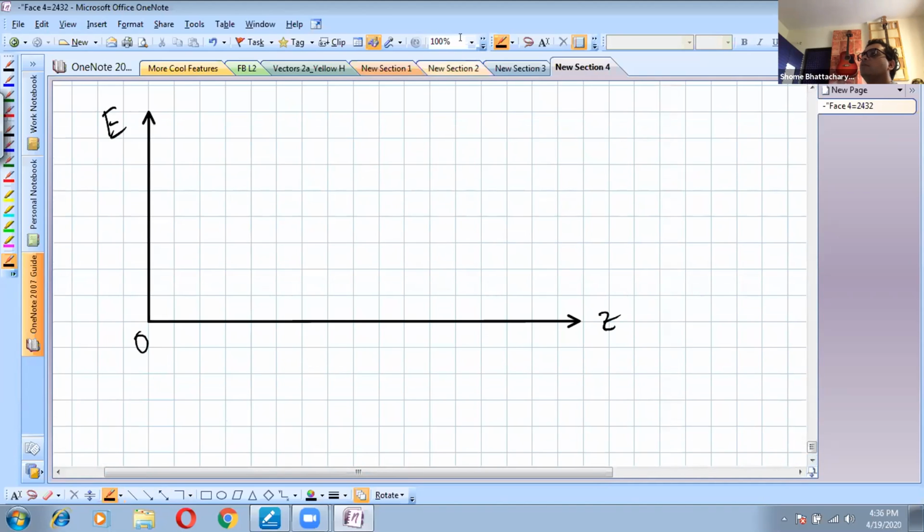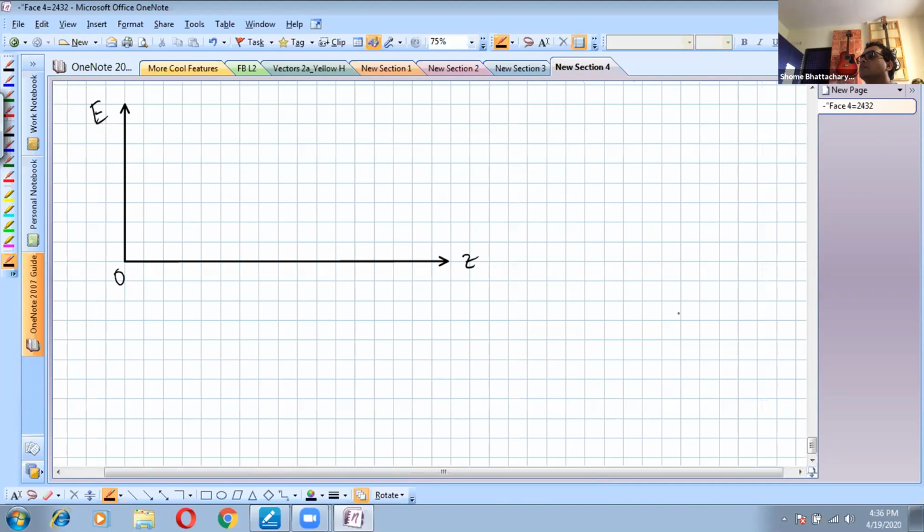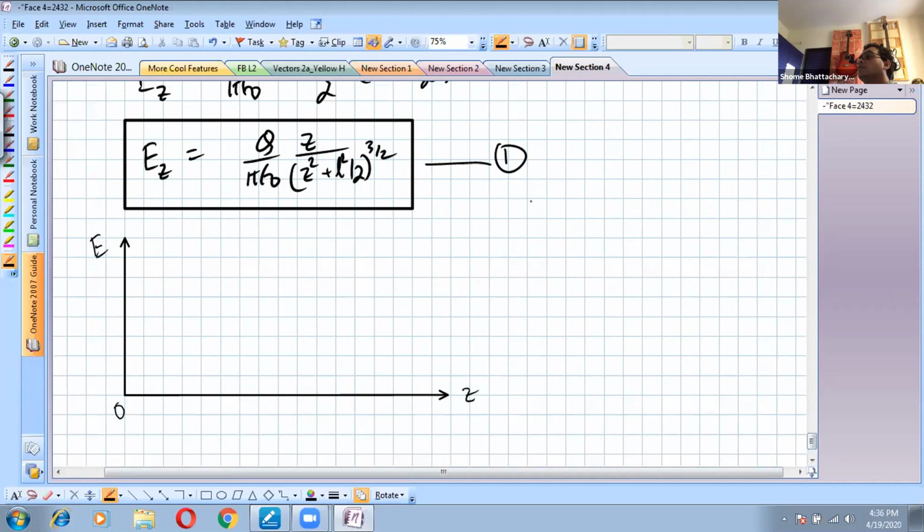So if you go back to the above formula, in this formula, for z being very small compared to L by root 2, z square plus L square by 2 can be approximated as L square by 2.